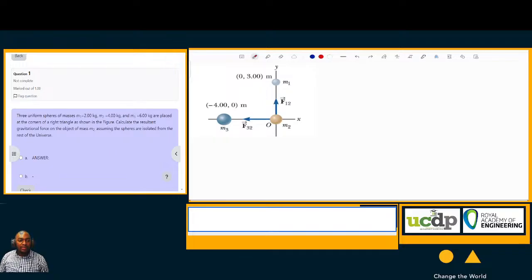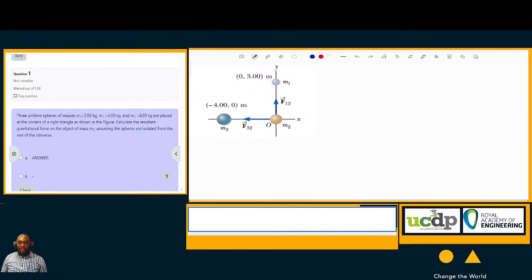Calculate the resultant gravitational force on the object of mass m2, assuming the spheres are isolated from the rest of the universe.